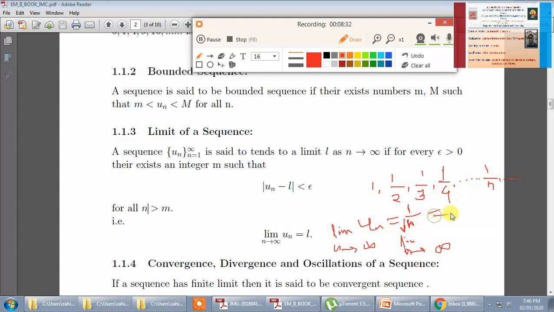What is 1 upon infinity? It is equal to 0. So here L is equal to 0. So the limit as n tends to infinity of un is 0, so the limit of this sequence is 0. And you will find that this sequence is bounded above by 1 and bounded below by 0.